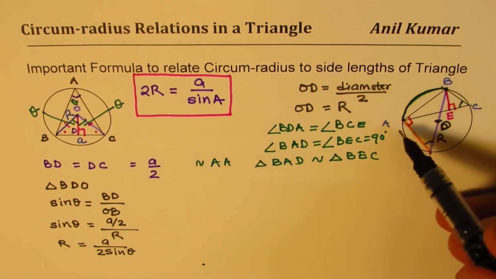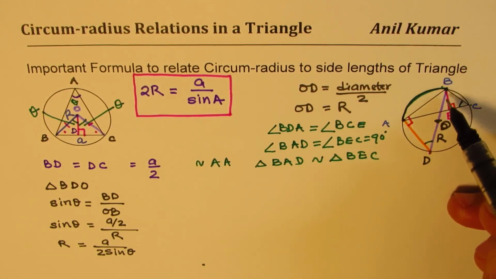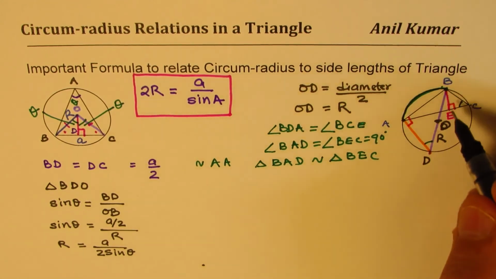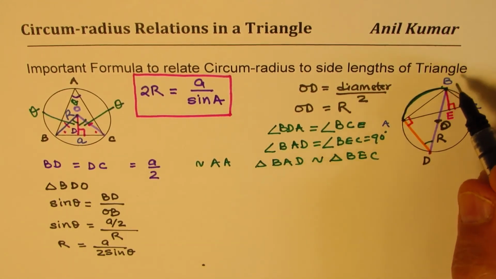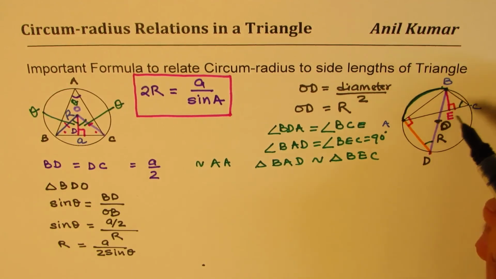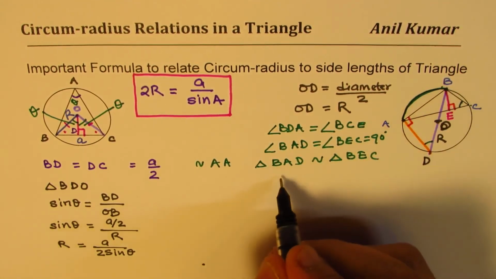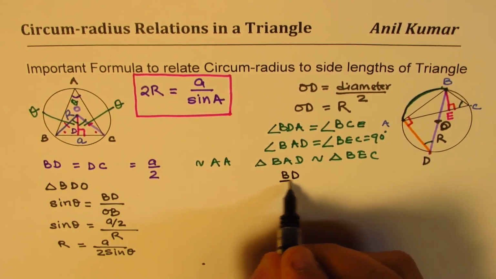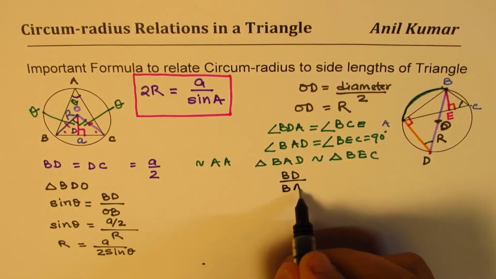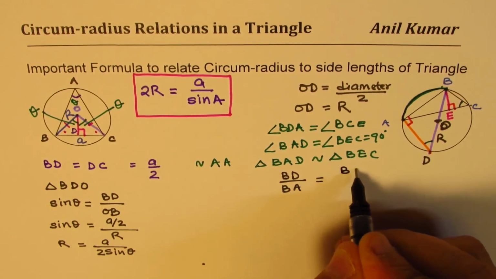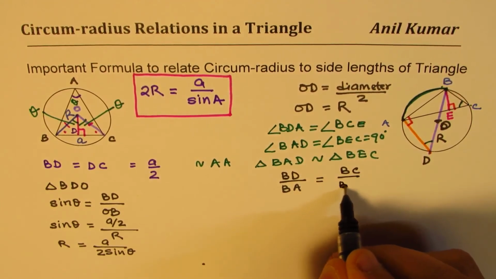Now once we show that this big triangle and that small triangle are similar, we can say that the sides are in fixed ratio, right? So what we have here is B to D over B to A is basically equal to B to C over B to E, right?